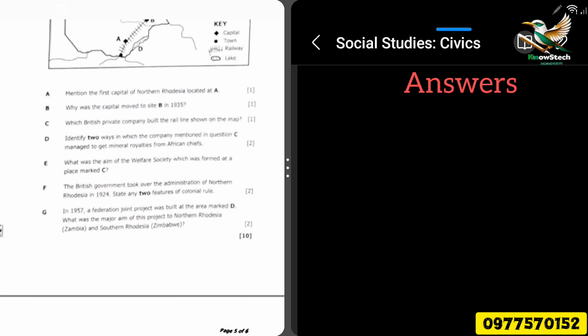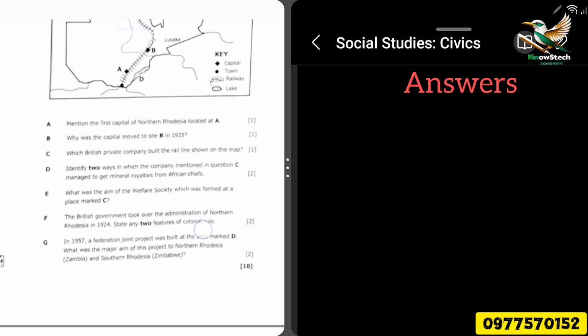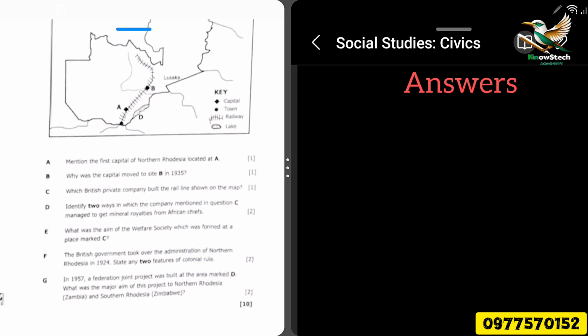G. In 1957, a federation joint project was built at the area marked D. What was the major aim of this project to Northern Rhodesia, Zambia, and Southern Rhodesia, Zimbabwe? This is the hydroelectric power station.